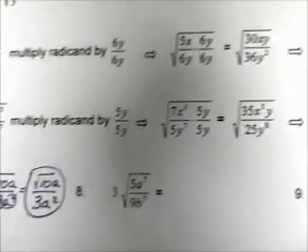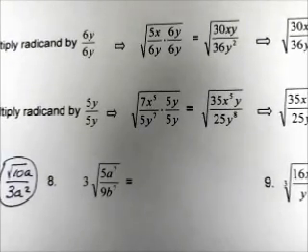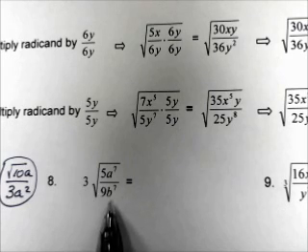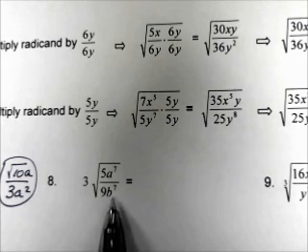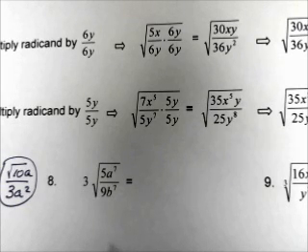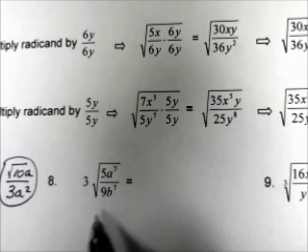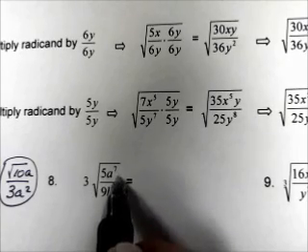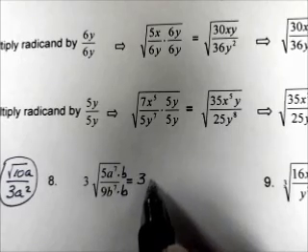Next, number 8, we have 3 times the square root of 5a to the 7th over 9b to the 7th. Again, our focus is always going to be on the denominator. This denominator always has to be a rational number. It cannot remain a radical. So if we bring b to the 7th up to b to the 8th, to multiply by b, we'll just copy down the 3 for now.